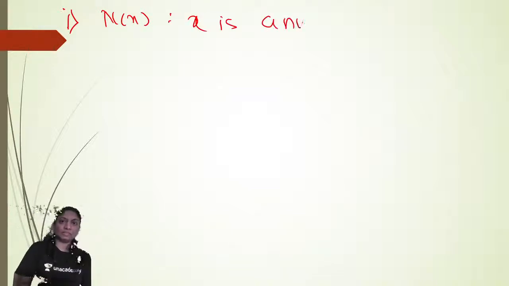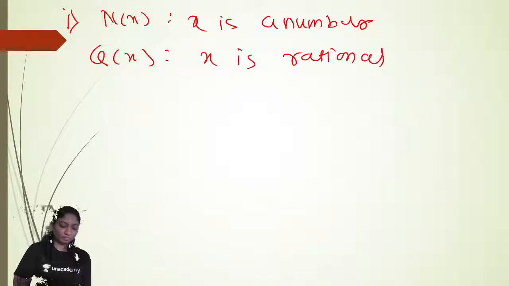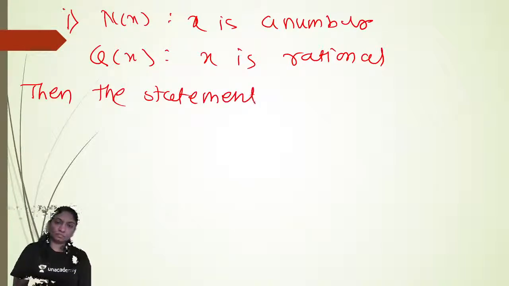Next one: some numbers are not rationals. Suppose N of x, x is a number, and Q of x, x is rational.